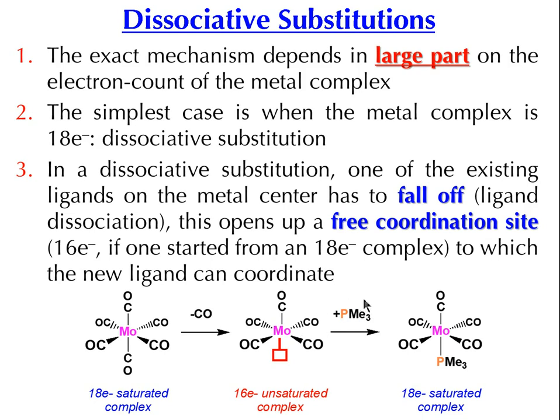Then the ligand added will occupy this vacant site to give the PMe3 Mo carbonyl complex. So the global reaction is a substitution of CO by trimethylphosphine, and this substitution is in the dissociative pathway.